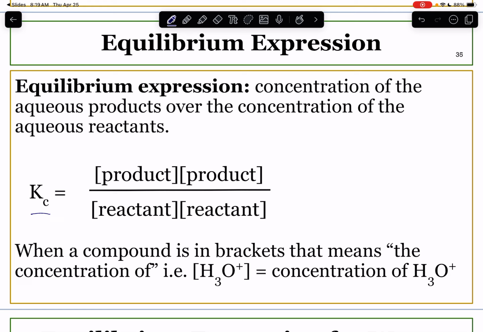Every equilibrium reaction has a different threshold or level of products produced. So you take the concentrations of the aqueous products, multiply them together, and divide that by the reactants multiplied together. Whenever you have a substance in brackets, that means the concentration of whatever is inside the brackets. And concentration is molarity, as we've seen, which is moles over liters.